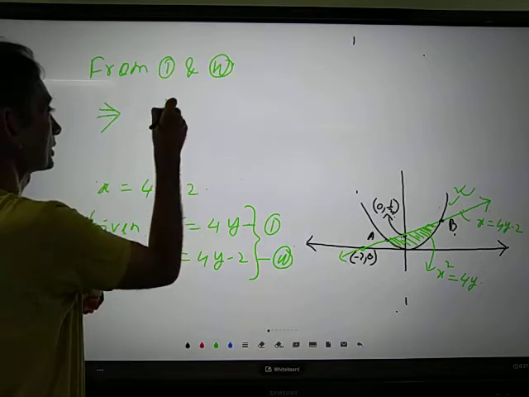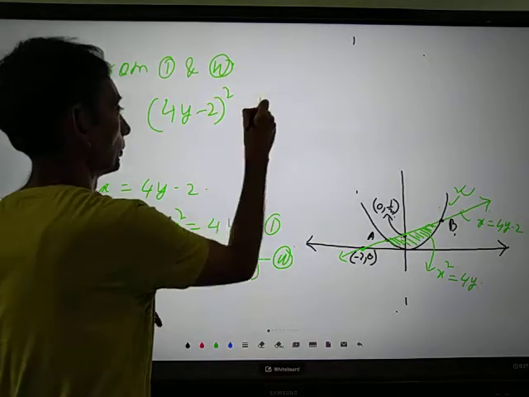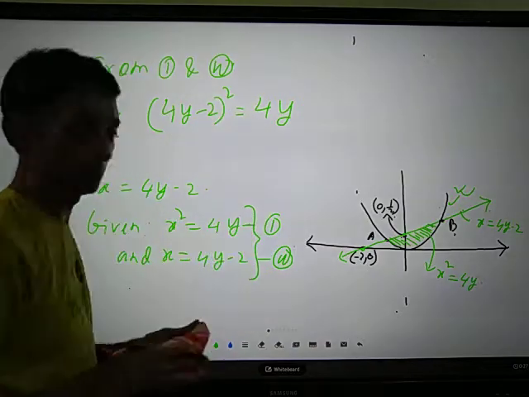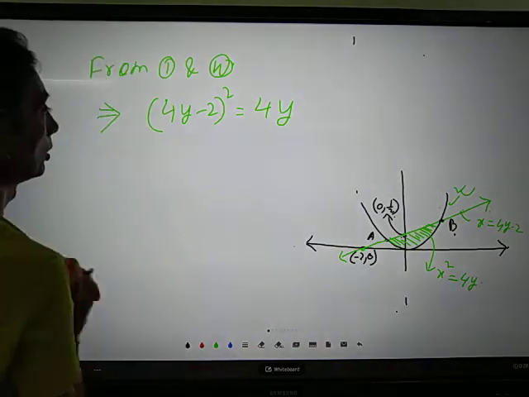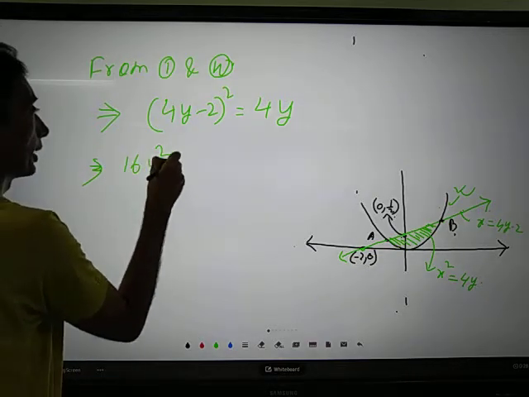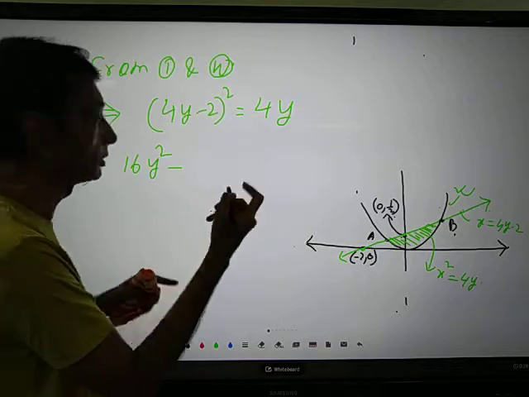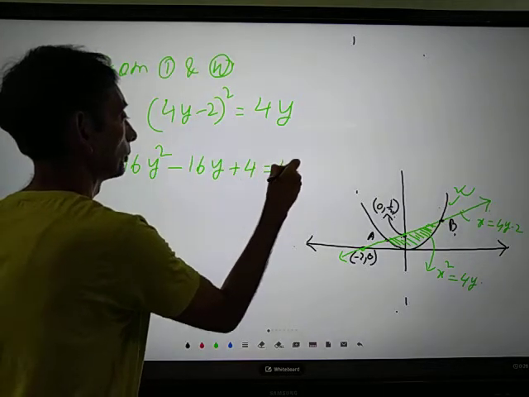Now just expand this: 16y squared minus 16y plus 4 equal to 4y.